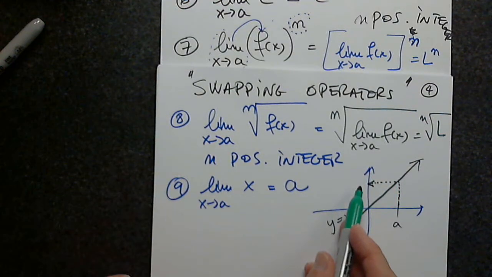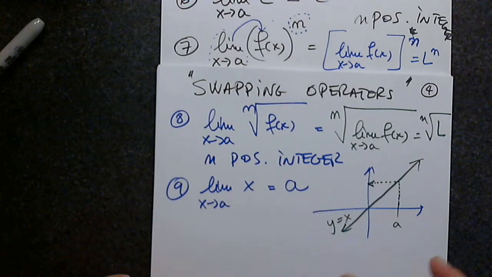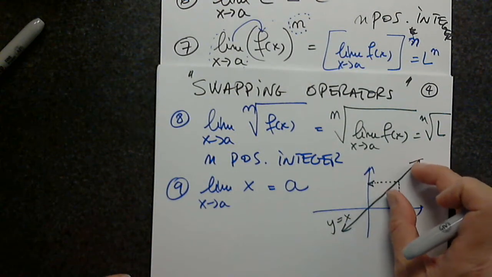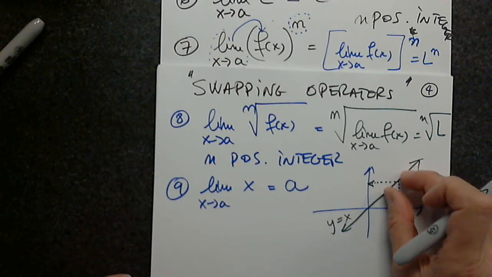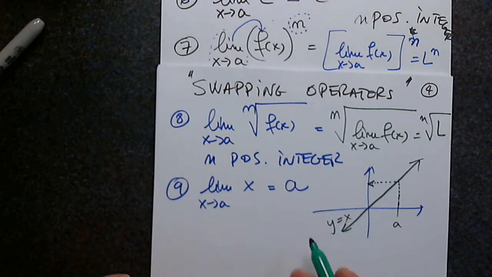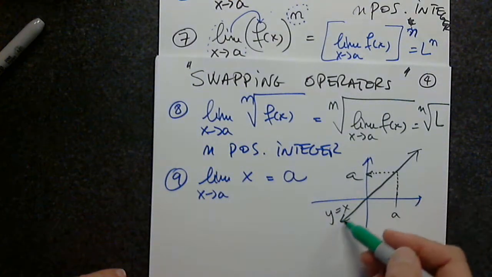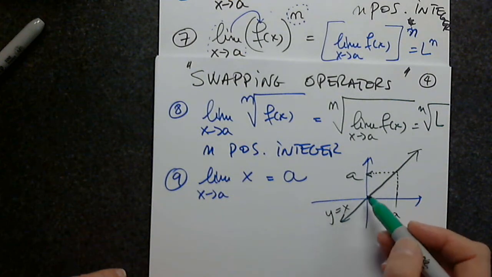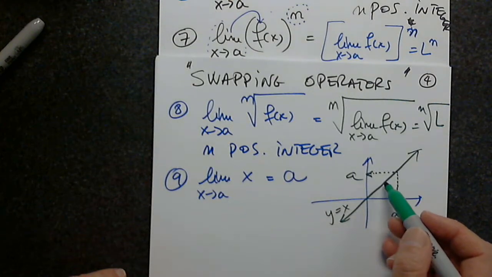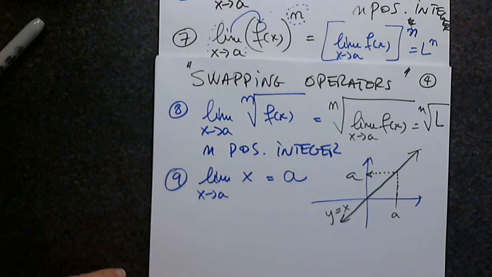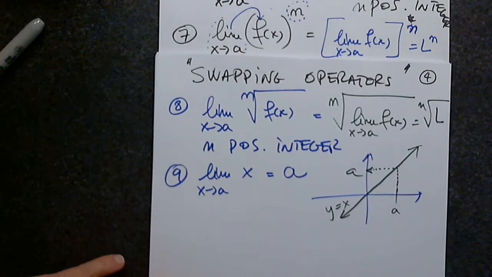What do you think the limit will be? As x approaches a from either side, the function values get closer and closer to what? Of course, a, because y equals x. There is no other value. Is that clear? All points on this line are 1, 1, 2, 2, 0, 0, 3, 3, 4, 4, 5, 5, 6, 6, negative 1, negative 1, negative 2, negative 2, because y equals x.